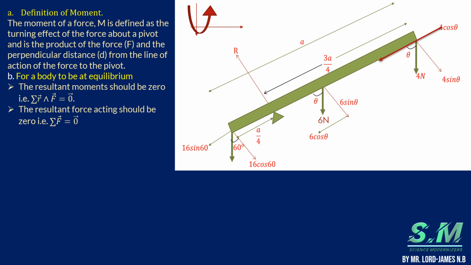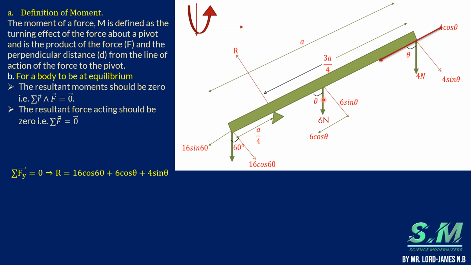So definitely, if we proceed in order to get the value of theta, we are going to start by taking the sum of forces along a y direction. Here, the y direction is not actually the vertical plane, it is defined here to be along this inclined section.